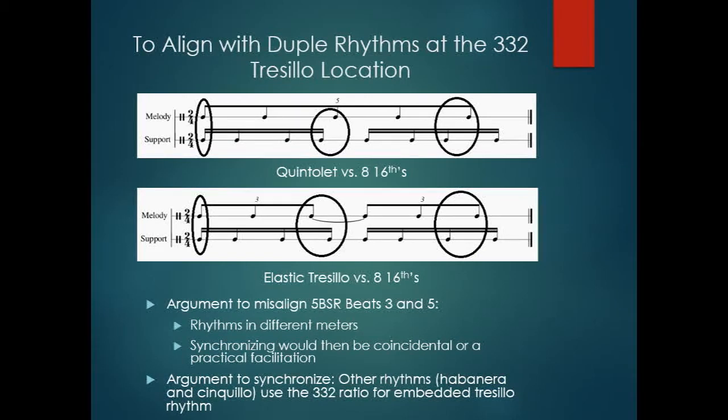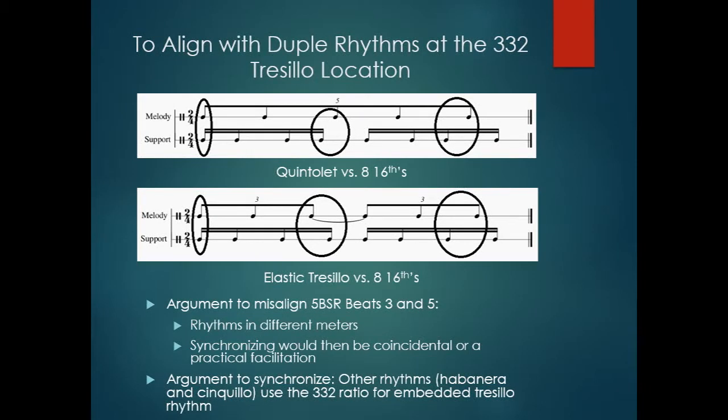It's questionable whether or not these notes should align because we have triple against duple. So in that sense, it seems that when you have triple against duple, you would favor misaligning, and if you did synchronize those, just as I said with the last slide, that would be considered coincidental or a facilitation.